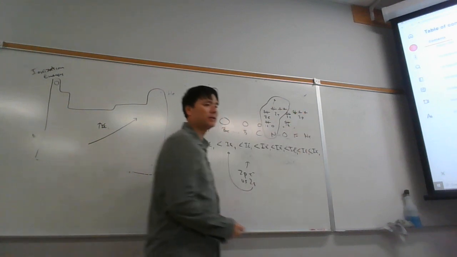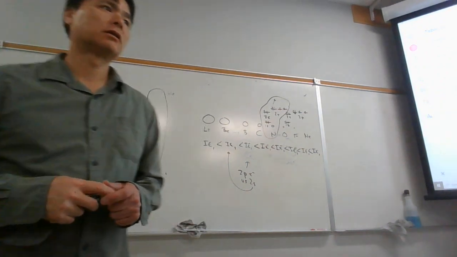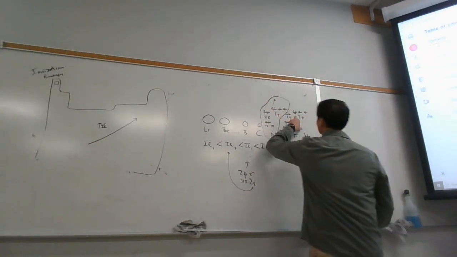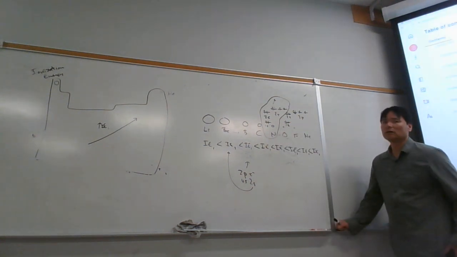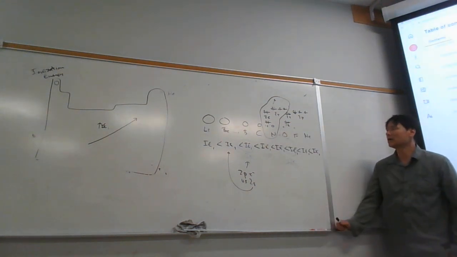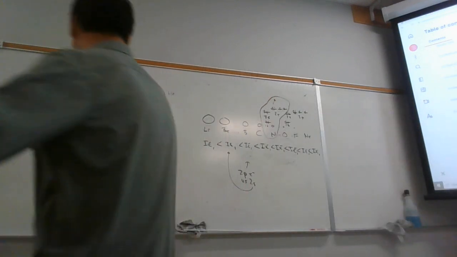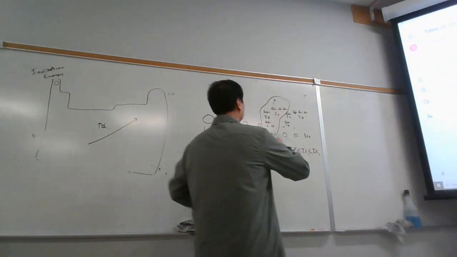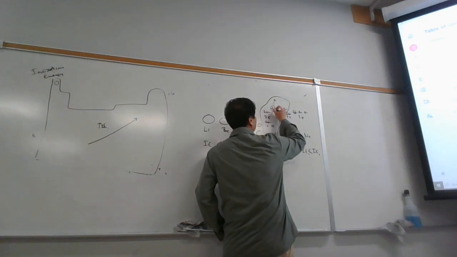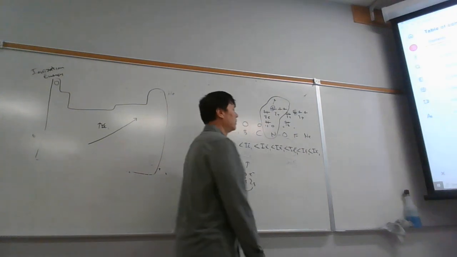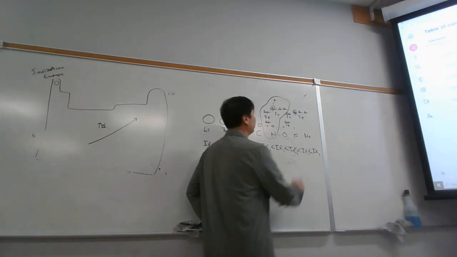And which electron should be the easiest to ionize? Would it be the paired electron or the unpaired electron? It turns out the paired electron is the easiest to ionize. The reason the paired electron is easiest to ionize, and this is what it's attributed to, is it has a little push, a little extra help. The extra help comes from what we call electron-electron repulsion.